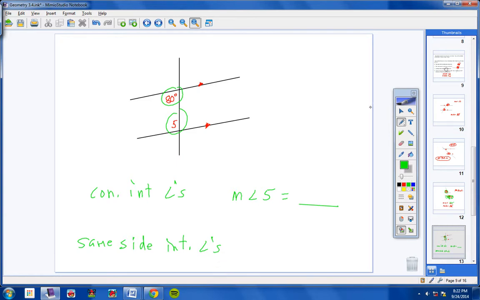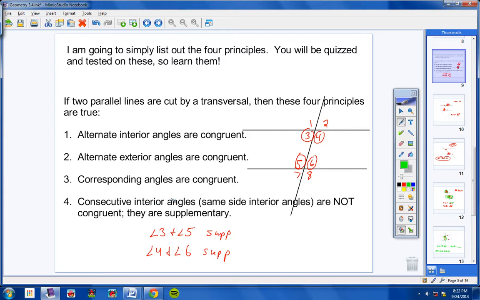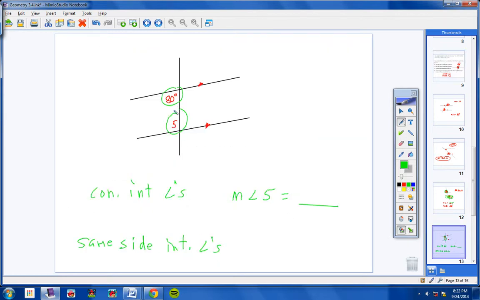And what did we learn about consecutive interior angles or same side interior angles? They're not necessarily congruent. They could be if they're both 90, but they're always supplementary. Always. So these two angles here have to add up to 180 because they're consecutive interior angles.